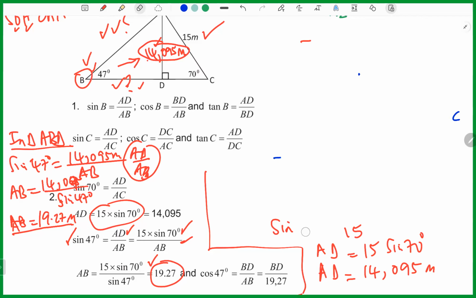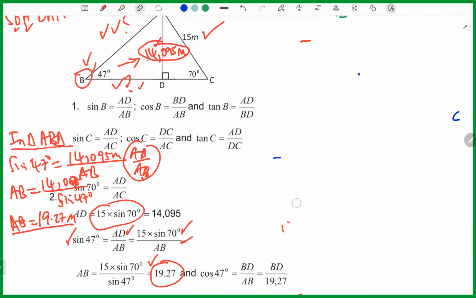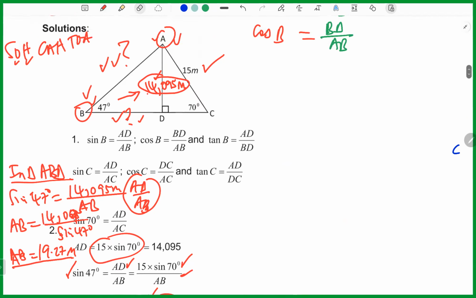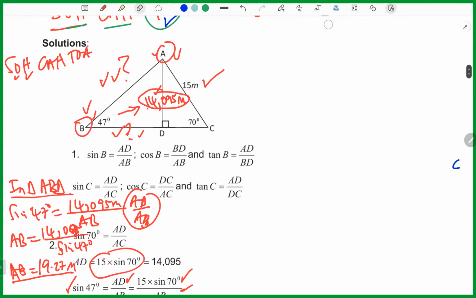You can just clean this up. We focus on BD, and we are operating in triangle BAD.